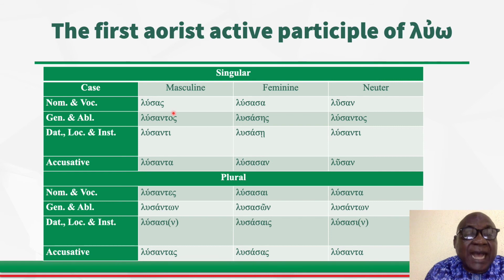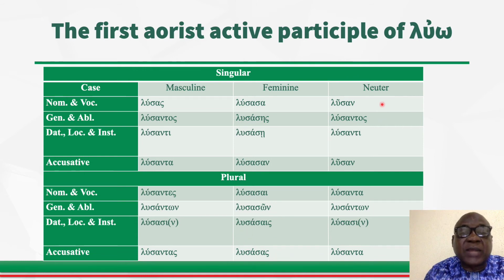So, lusas, lusantos, lusanti, lusanta, lusantes, lusanton, lusasi, and lusantas. Now, we'll go through the feminine. Lusasa, lusases, lusase, lusasan, lusasai, lusason, lusasais, lusasas.